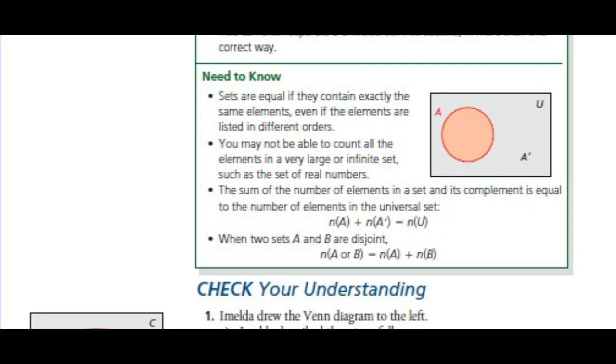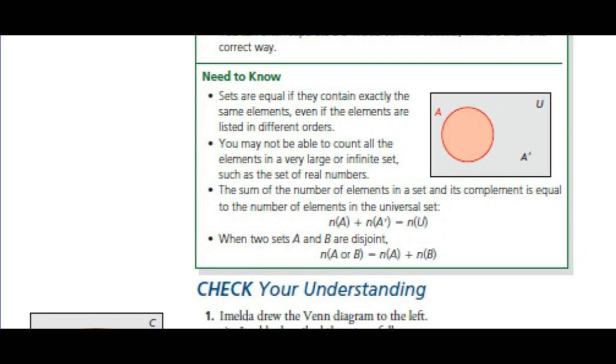The sum of the number of elements in a set and its complement is equal to the number of elements in the universal set. Okay, so n(A), the number of elements in set A, plus the number of elements that are not in set A is equal to the total number of elements in the universal set, right? So everything's included, there's nothing left out, right?